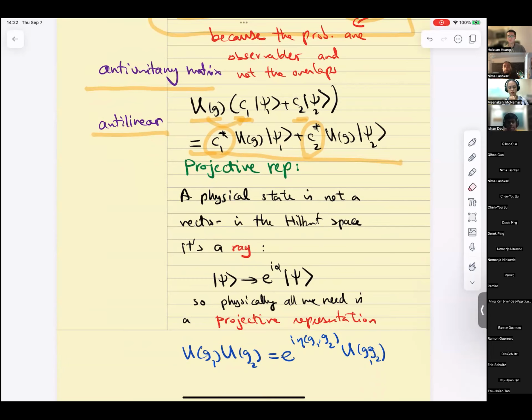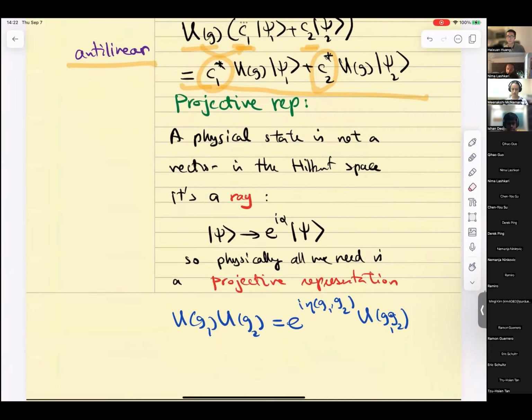If I take a vector and multiply by a number, or multiply by a phase, or if I take all vectors in Hilbert space and multiply all of them by a phase, I'm not talking about relative phase, I'm talking about multiplying all the vectors by a phase, nothing in physics should change. Physical states are rays in the Hilbert space.